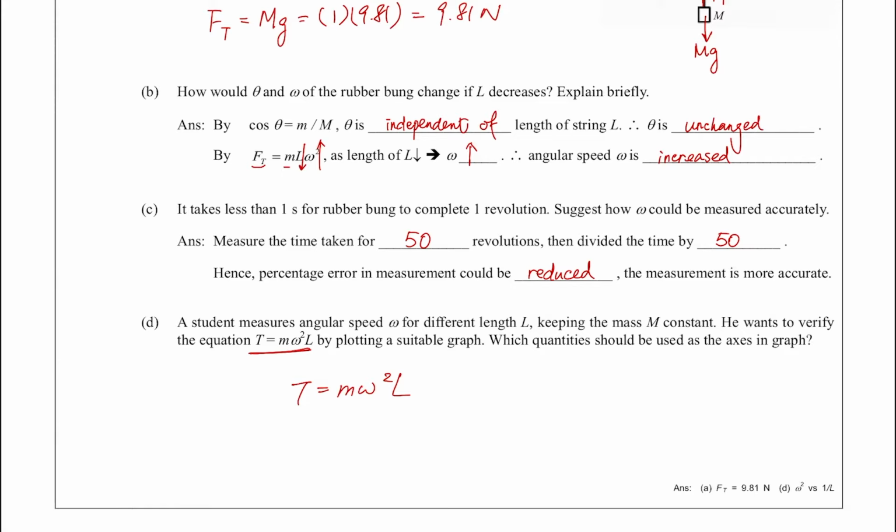We have the equation T equals M omega square L. I want to find a relation between omega square and L. So I will put omega square as the subject. So we change the equation a little bit. Omega square would be equal to T over M times 1 over L.